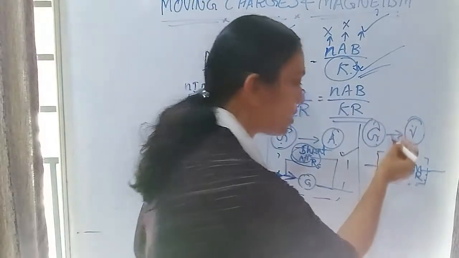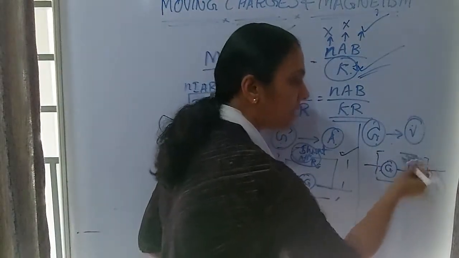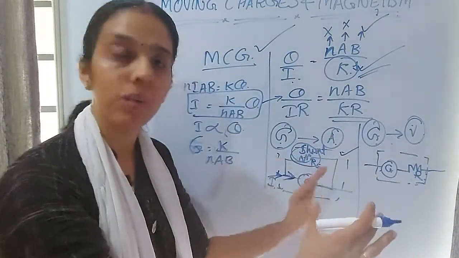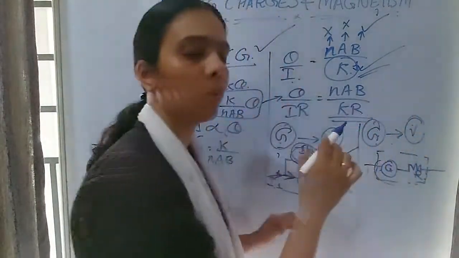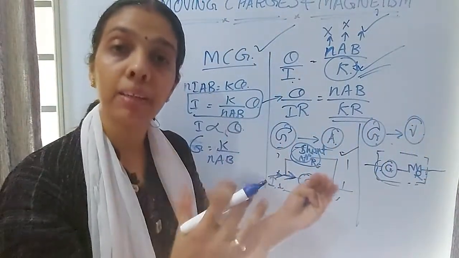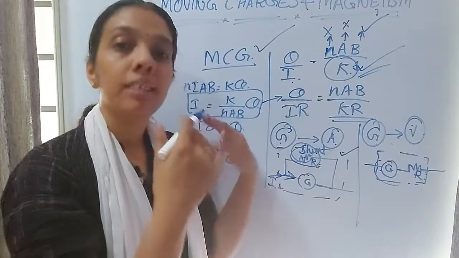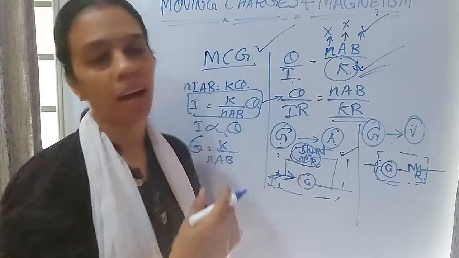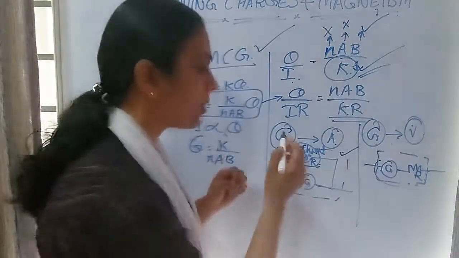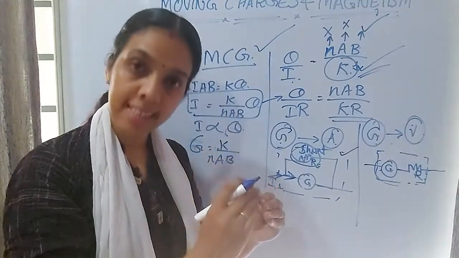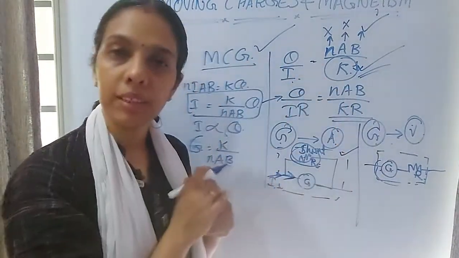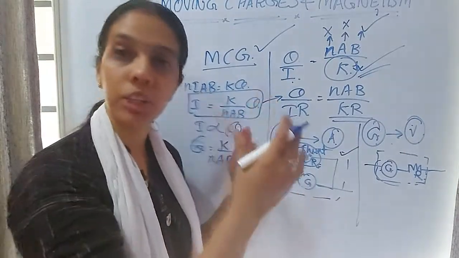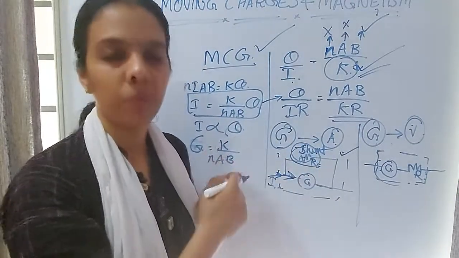And in the case of the voltmeter, since it is a high resistance value, most of the voltage will be dropping across this resistance in series with the galvanometer. That helps the galvanometer to measure higher voltage values also. Okay, clear? So since the resistance value is less in the ammeter case, most of the current goes along the shunt resistance, and the galvanometer measures the value of current.